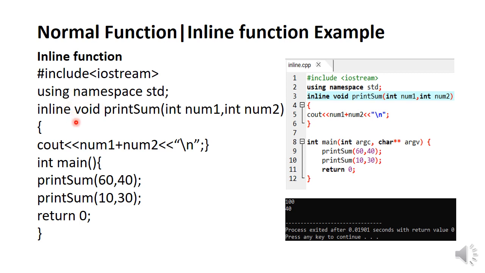Its return type is void, and this inline function has two parameters. This is the first parameter and this is the second parameter, and this inline function has a body containing the following statement. By looking at it, we see that this function will calculate the sum of two numbers.